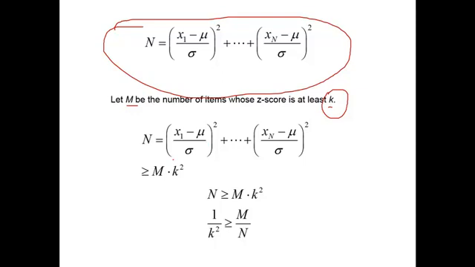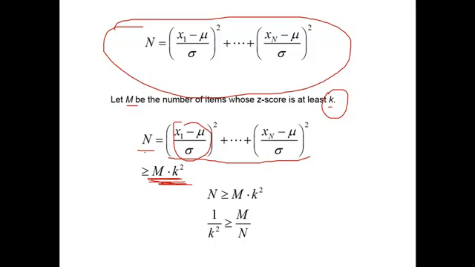So what I do from this line of the calculation to this line is, first I throw away all but the ones that are too big. The ones that are too big have a z-score at least k, and so I take that and I square it, and that gives me my k squared. So this n then is at least as big as M times k squared.